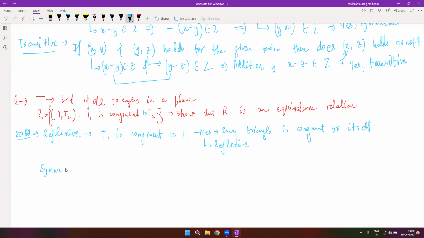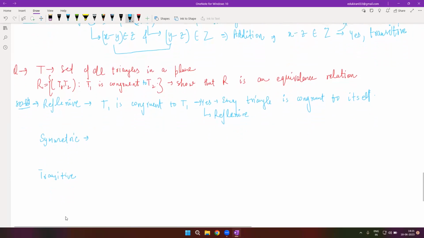Now we have to check whether T2 comma T1 will be true or not. Don't take help from the book. I mean, you can solve this easily. I know some of you can face the problem, but still, if you try to solve it yourself, then only you will get whatever I'm saying.